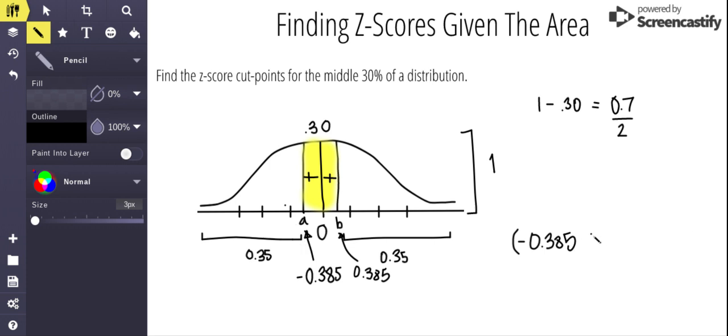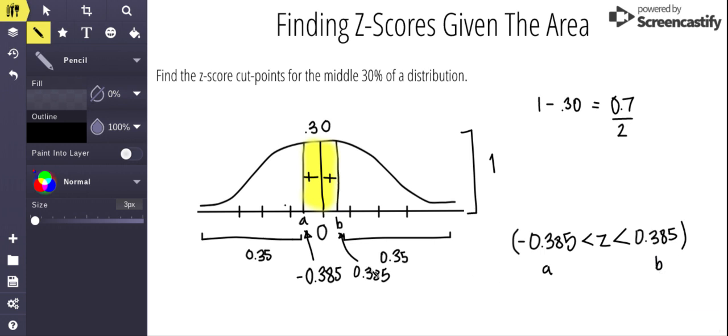So negative 0.385 is less than z, which is less than positive 0.385, and then close off your parentheses. And this is going to be your A value once again, while this is our B value.